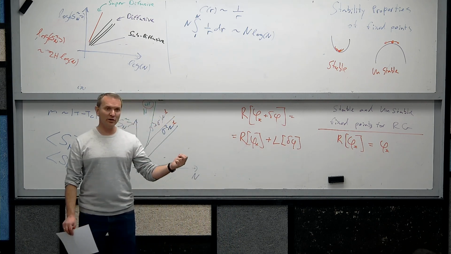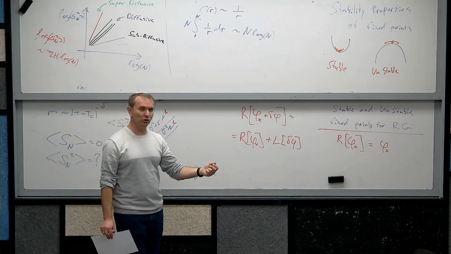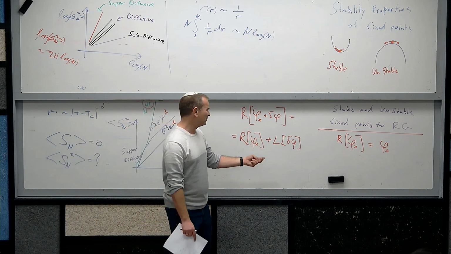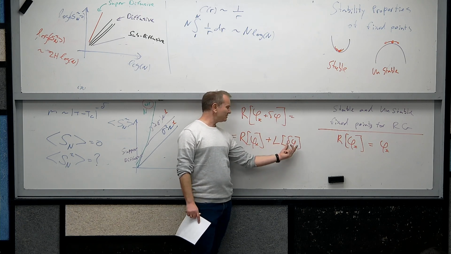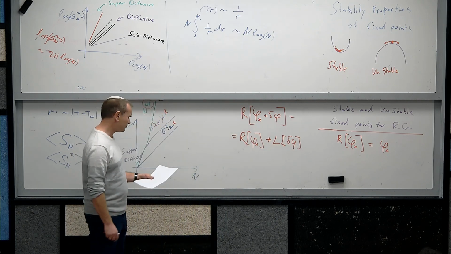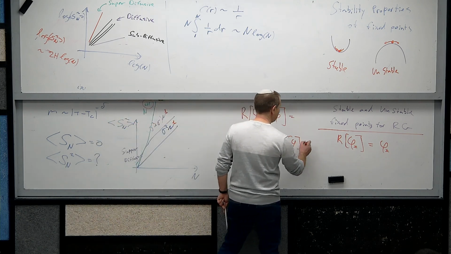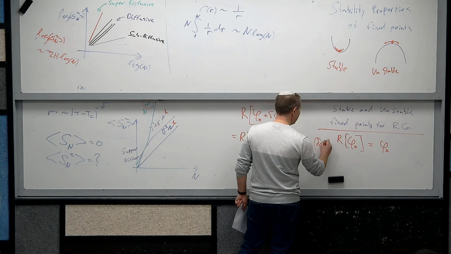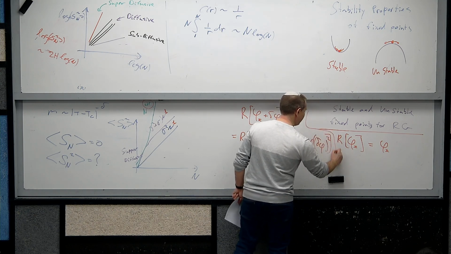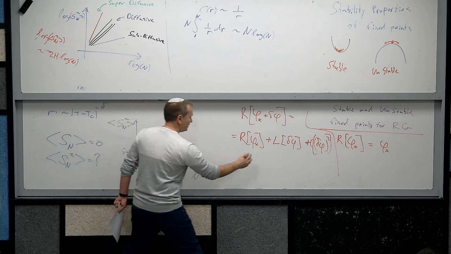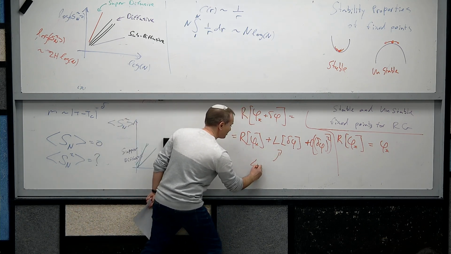So if you're not far away from the fixed point, after the application of a single renormalization group step, you're still somewhere near the fixed point. How far away should be proportional to delta phi. So it's a linear operation on delta phi. Here you have delta phi squared something. Now, this is a linear operator.